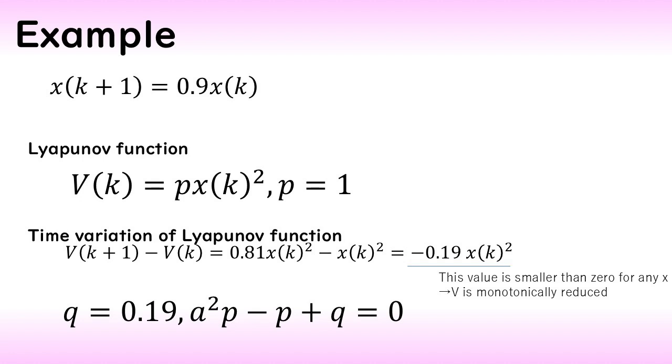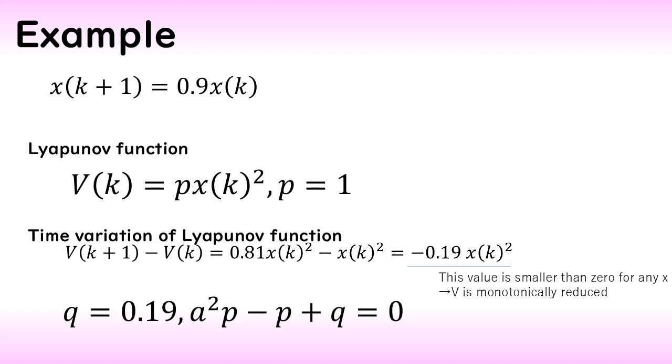This is an example of scalar system. x(k+1) equals 0.9 x(k). In this case, the system is stable. When we select the Lyapunov function as p x squared and p is selected as 1, then the time variation of Lyapunov function is given like this and can be given as minus 0.19 x squared.